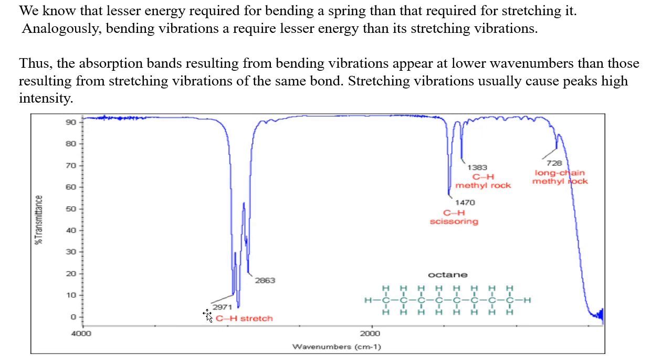We will get two peaks, 2971 and 2863, symmetric and asymmetric carbon hydrogen stretching frequencies. When we compare with these frequencies, the frequency of vibrations absorbed for bending is very small compared to these vibrations, in the case of the octane molecule.